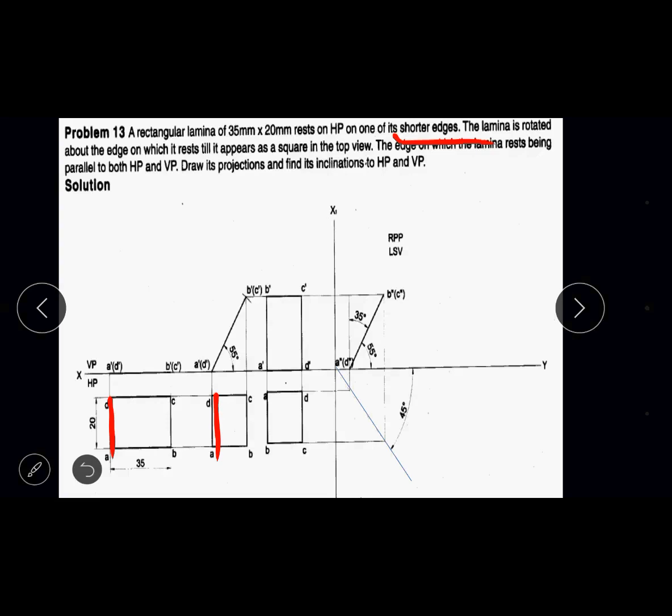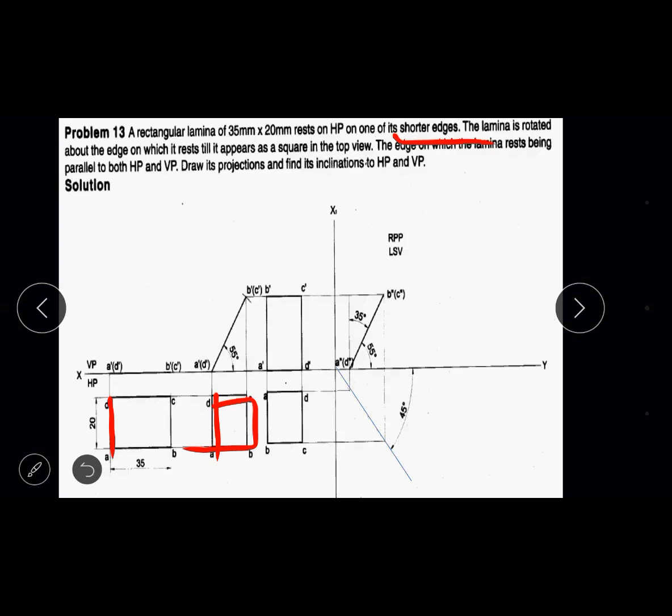In this problem it's clearly given that the rectangle should be rested with the shorter edge. So the top view will get a square of 20 and all other things remain the same. There is no difference, everything remains the same.